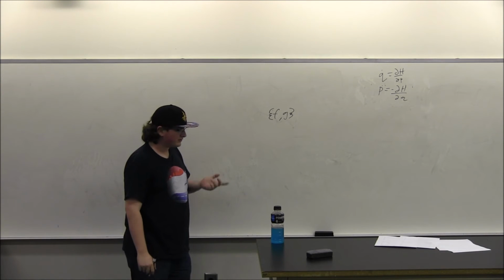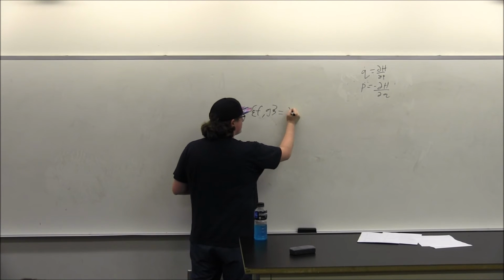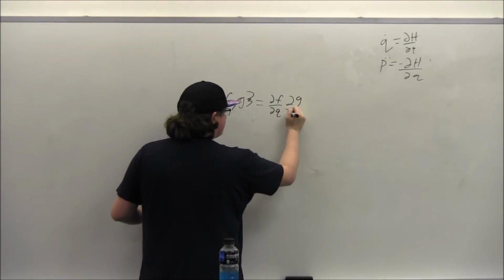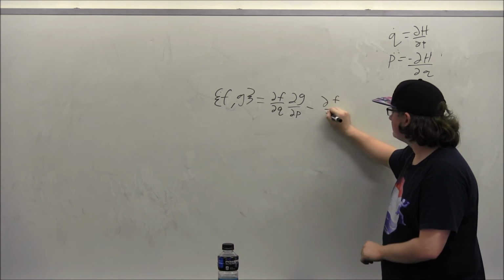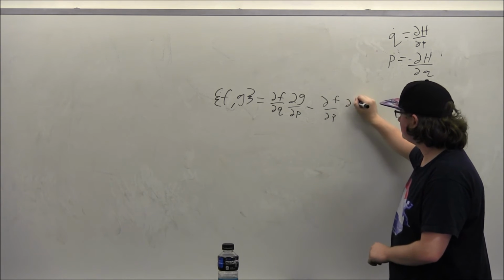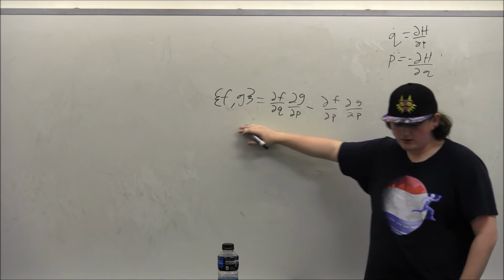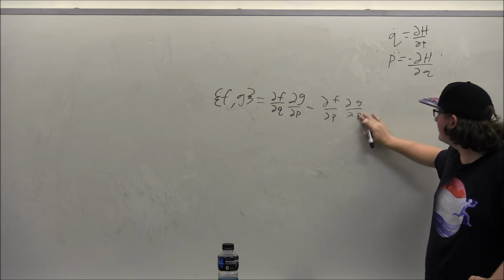The way Poisson brackets work is they're just defined to be this. The last one is a Q, my bad.